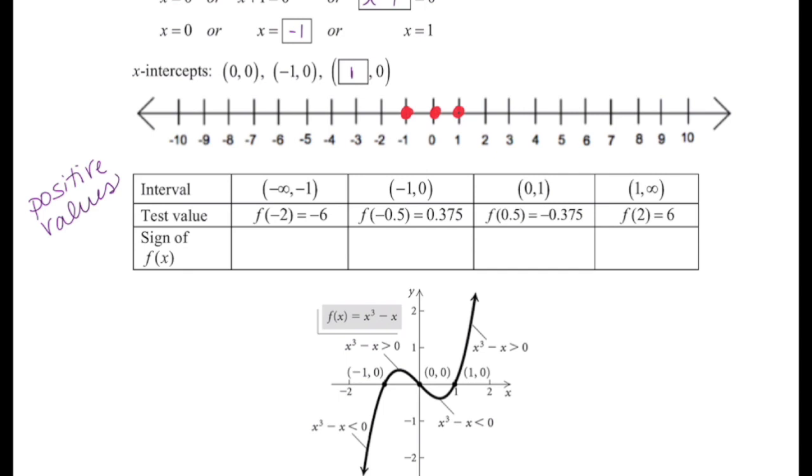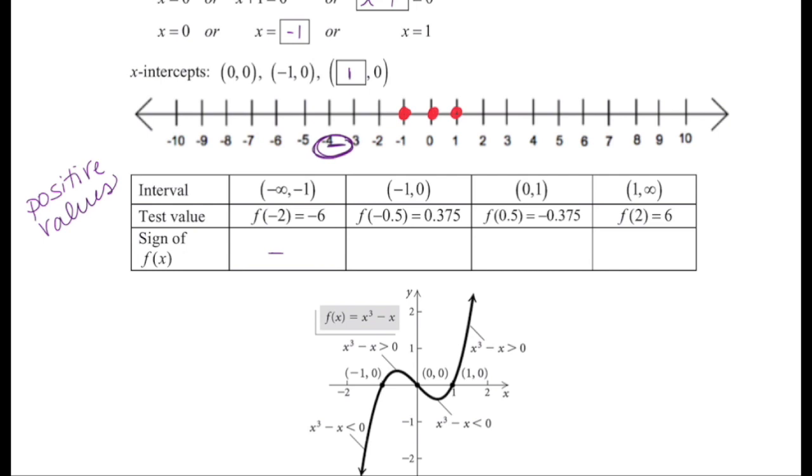I'm going to choose negative 2, which is in between negative infinity and negative 1. I end up with a negative value. So on this side, I have a negative value. Between negative 1 and 0, I'll choose negative half. We end up with a positive value.